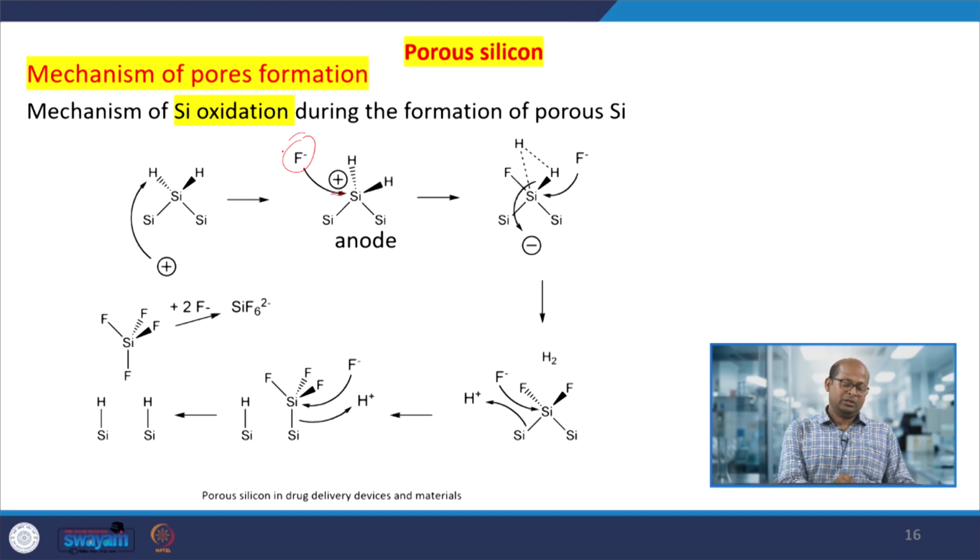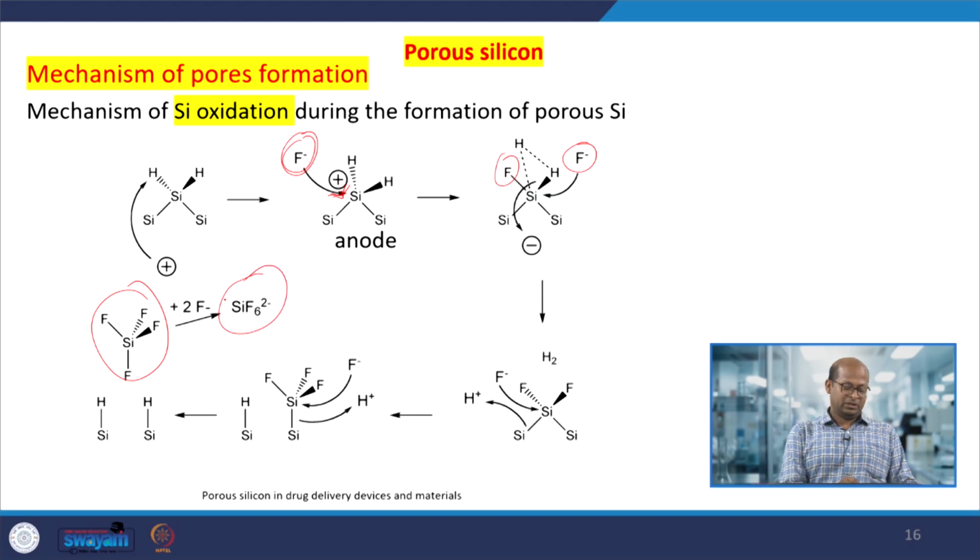Then the fluoride ions attack the hole developed in the silicon, and one by one fluoride substitutes, attacking the silicon, and H interacts with the silicon and is replaced one by one by fluoride ions.